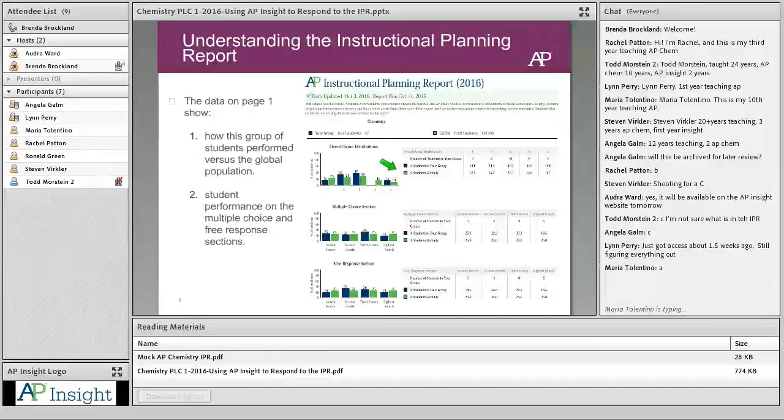We've got a little bit of a bell curve going on here for pretty much everybody. And then on the bottom sections, you have multiple choice and how your students did in blue versus the global. And then you also have the free response, and you can see how your students did versus the global.